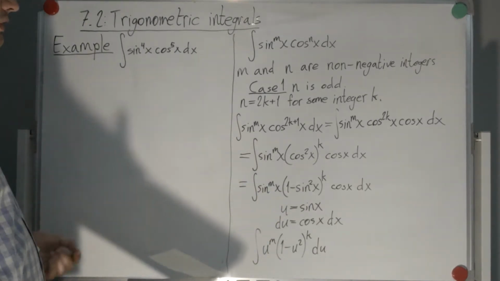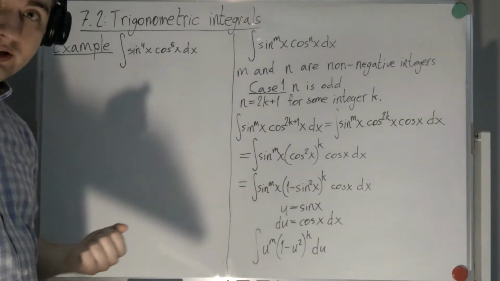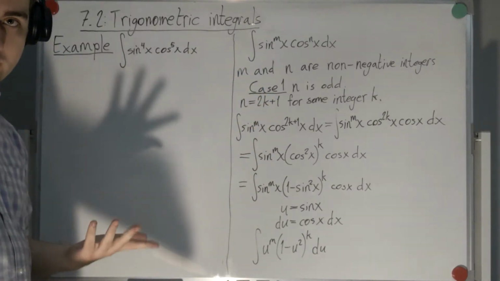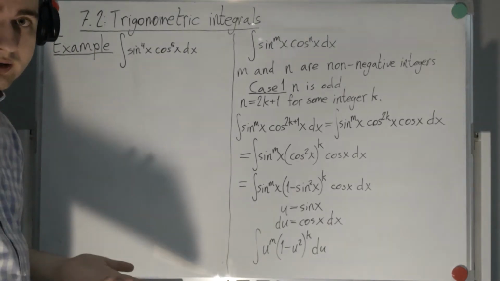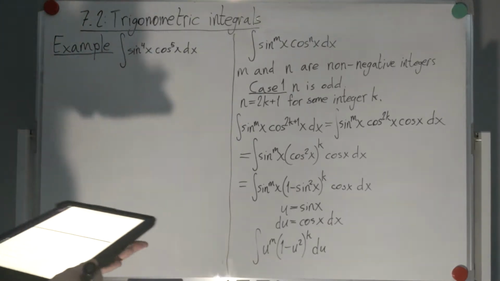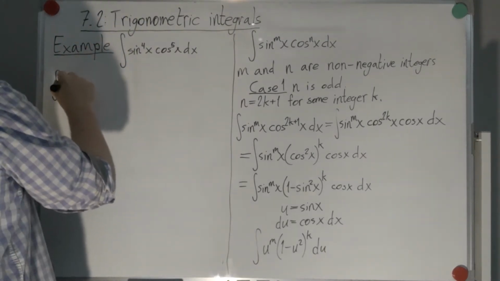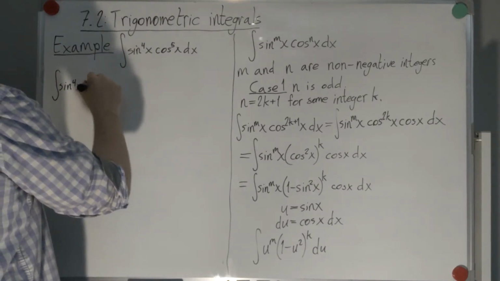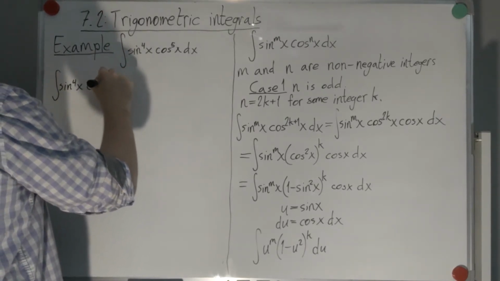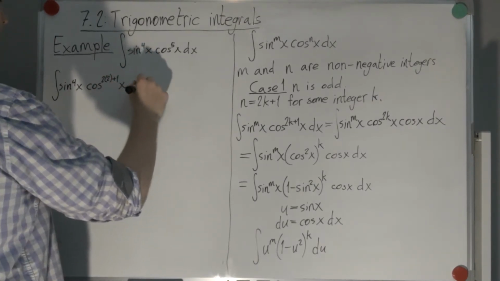So what we're told to do is first of all understand 5 as being 2k plus 1 for some appropriate integer k. That integer would have to be 2 because 5 is 2 times 2 plus 1. In that case, this can be rewritten as the integral of the sine to the fourth x cosine of 2 times 2 plus 1 x dx.